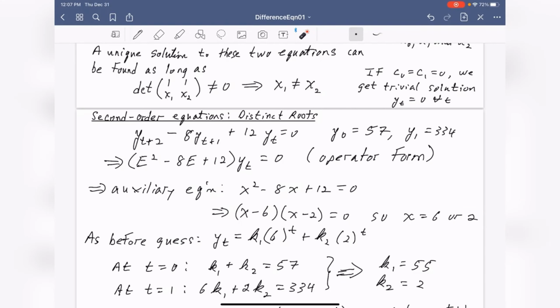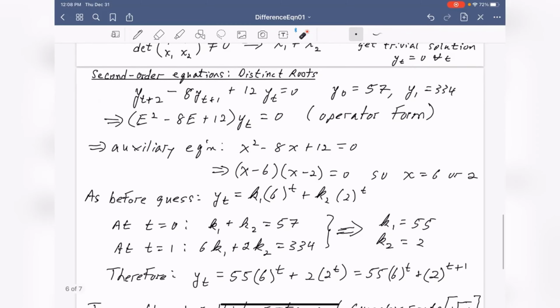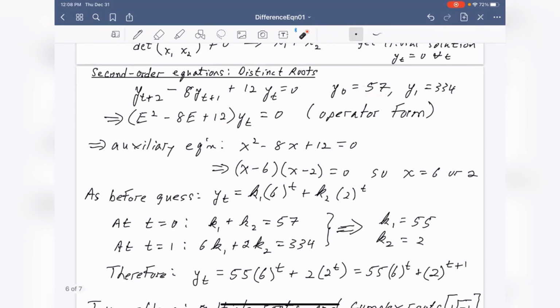As before, we guess this solution, so we plug in the x1 here and the x2, and we get k1 6 to the t, plus k2 2 to the power t as well. So at t equals 0, we're given these initial conditions, so k1 plus k2 equals 57, and at t equals 1, so we put a 1 here, then we get 6k1 plus 2k2 is 334. We solve for k1 and k2.